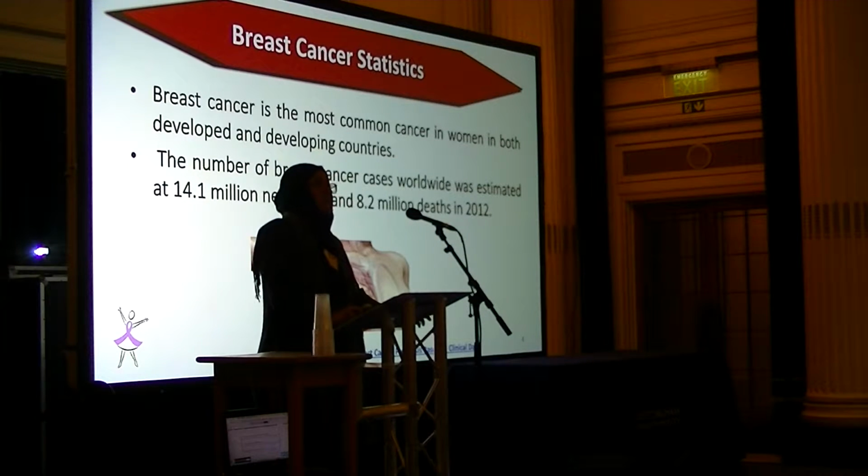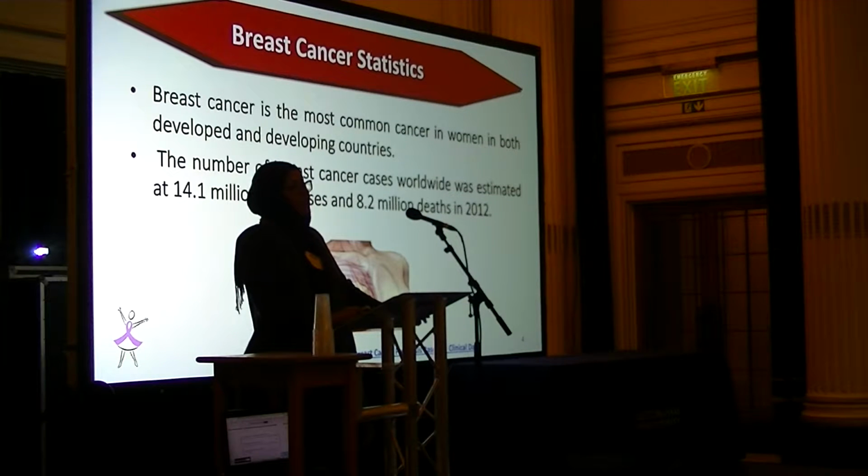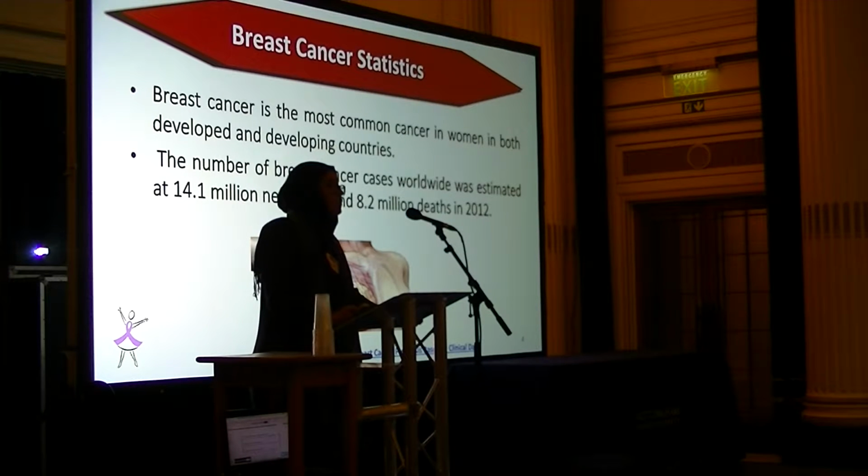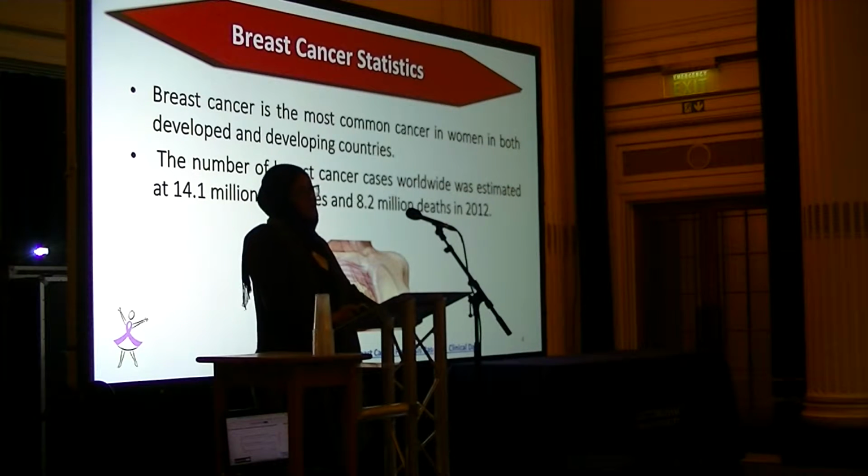Breast cancer is the most common cancer in women in both developed and developing countries. The number of breast cancer cases worldwide was estimated at 14.1 million new cases and 8.2 million deaths in 2012.